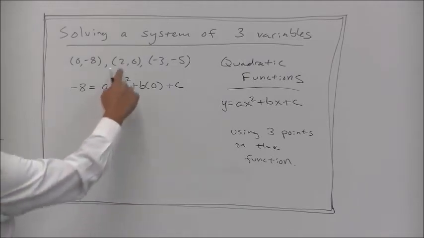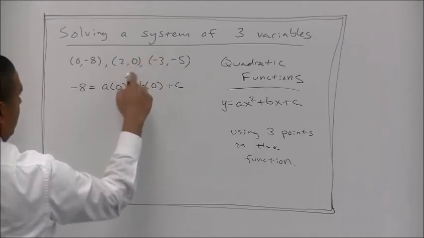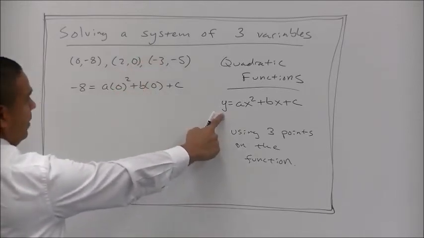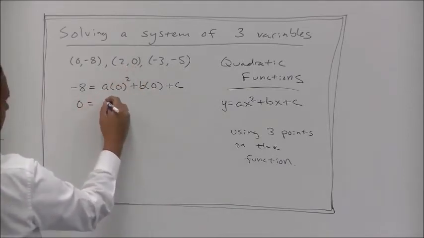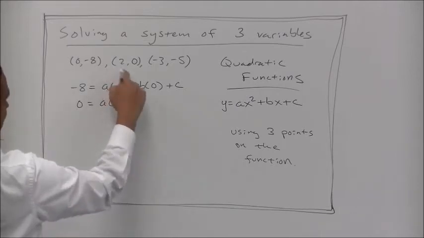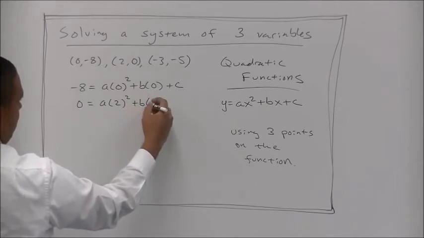And then we do that again for the second point. What's y? 0. So 0 equals a times x squared. What's x? 2. X is 2.